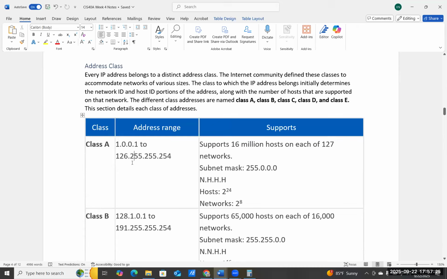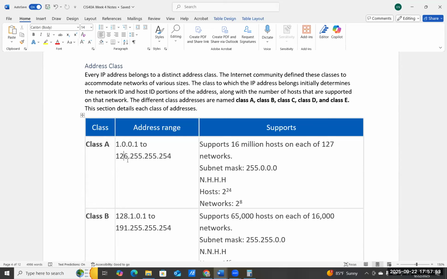For example, if I'm looking at this address right here, the first octet is 126. It is in the range of 1 to 126. It is class A. So 10.0.0.1, 10 is within this range, so that is the default class A. And the default class A uses network host subnet mask 255.0.0.0.